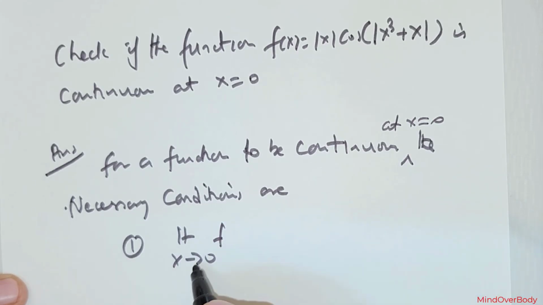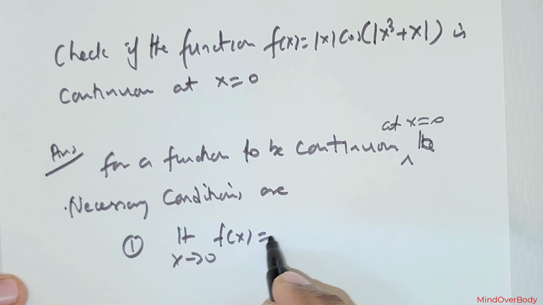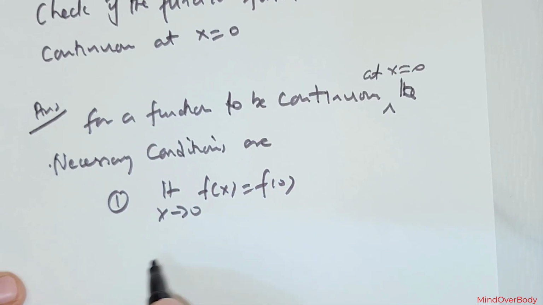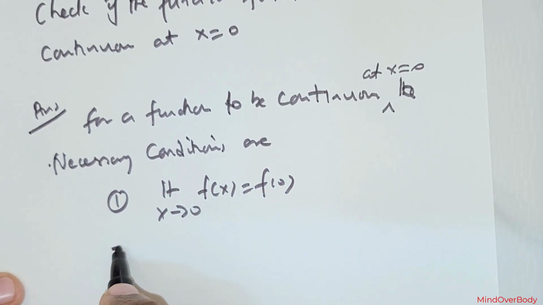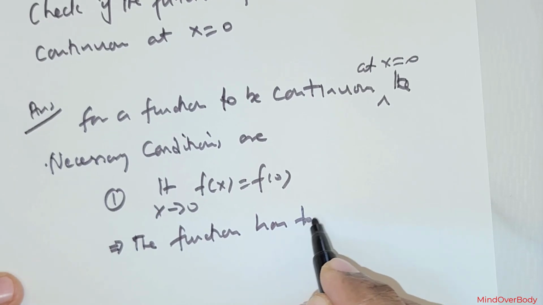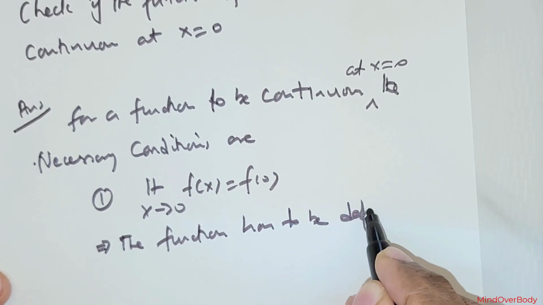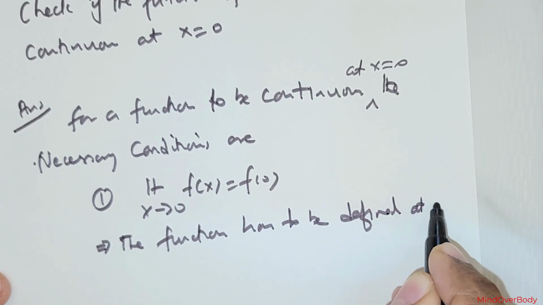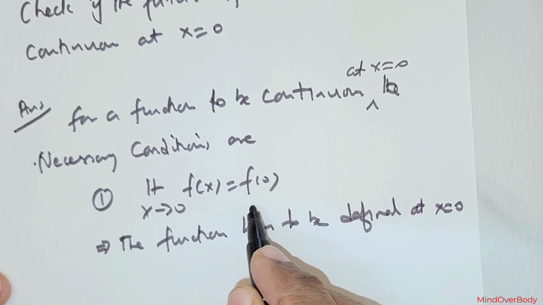So what is the meaning of this? This means the function has to be defined at x is equal to 0. So it must have a value.